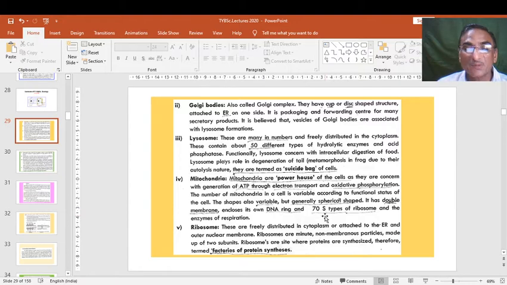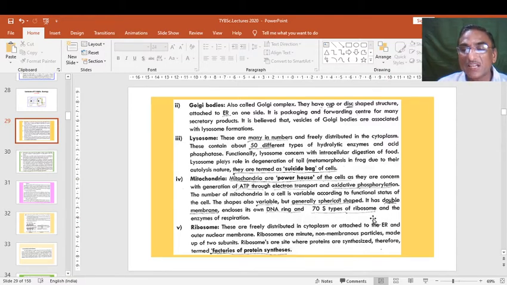It has a double membrane, and encloses its own DNA ring and 70S type of ribosomes. So ribosomes are of two types, 70S and 80S.